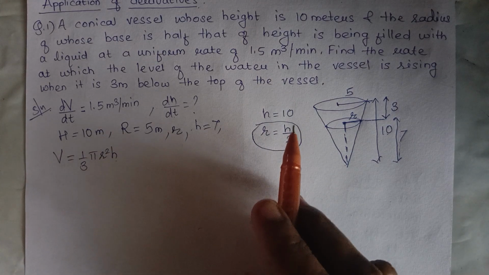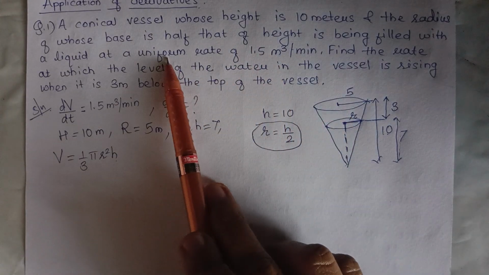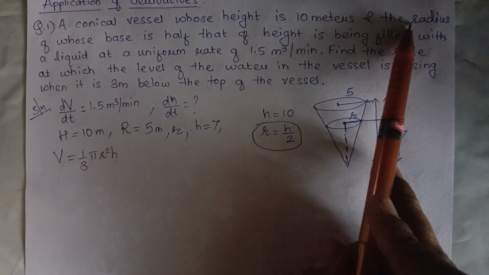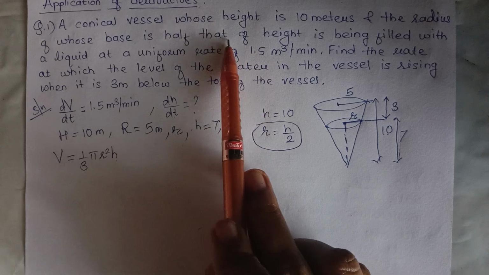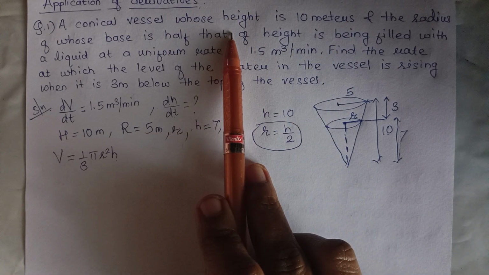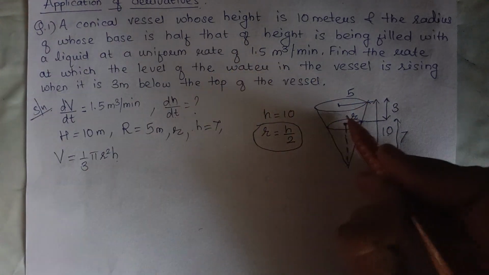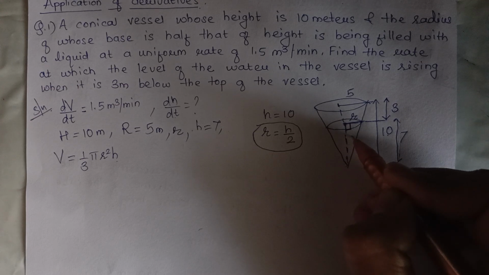Now there is one more similar question. In that they have directly given that height is 10 meters and radius is 5 meters. So in that they have not given the relation between the radius and the height. So that time you have to make use of the triangle which is forming here.